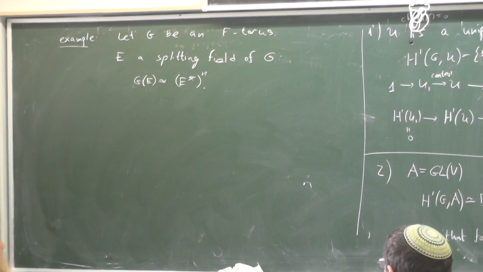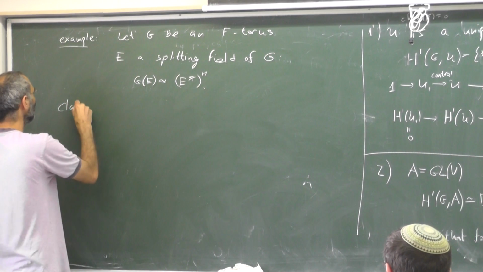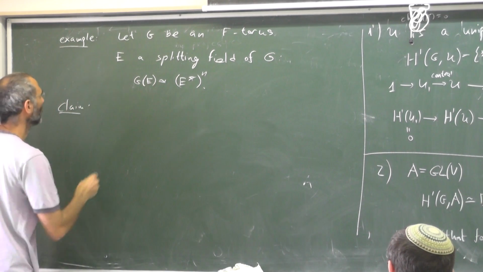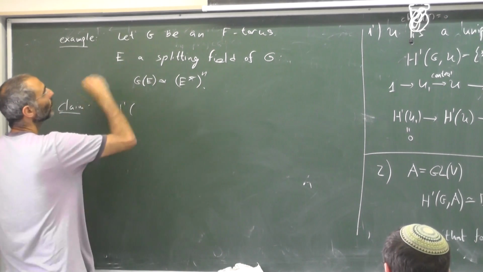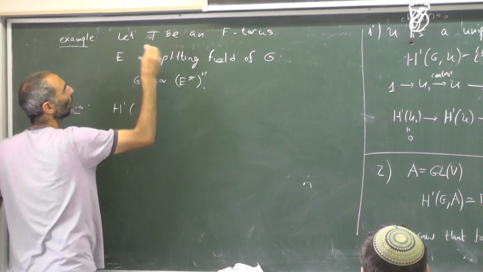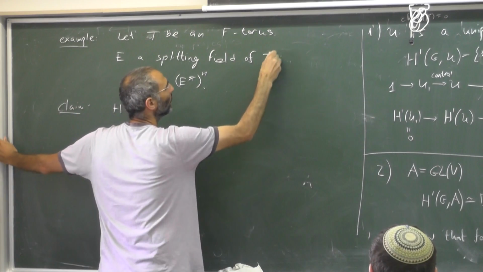We can always find such a finite field extension that splits it. And my claim is that H1 of G is finite.